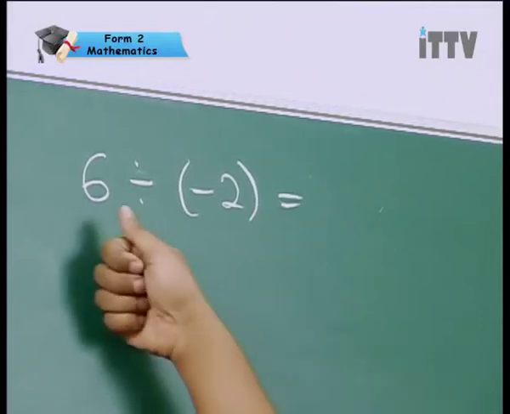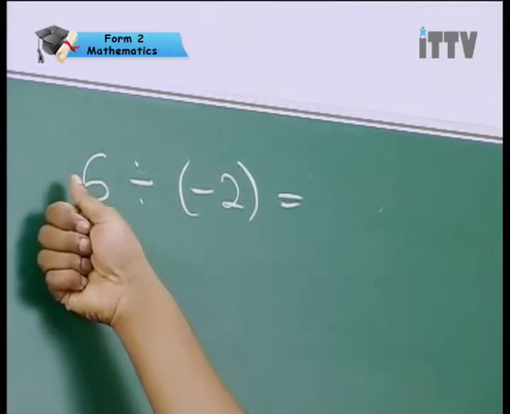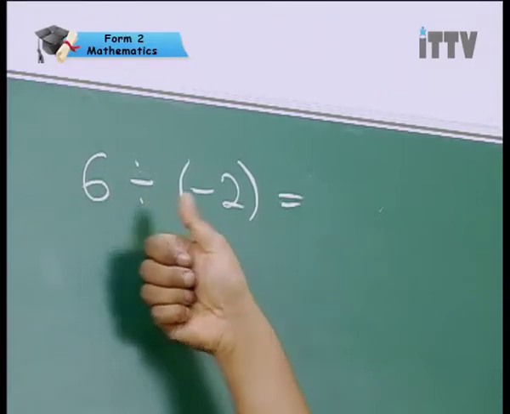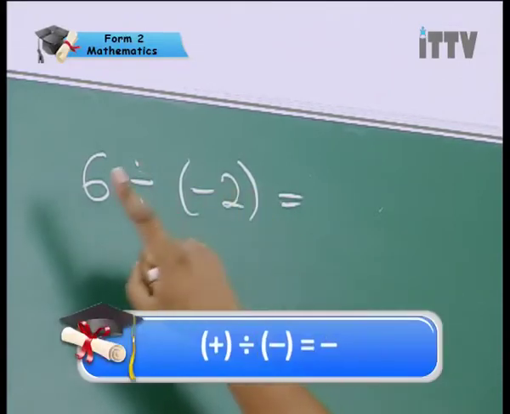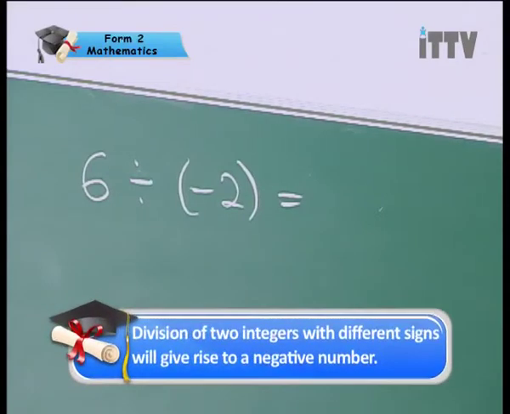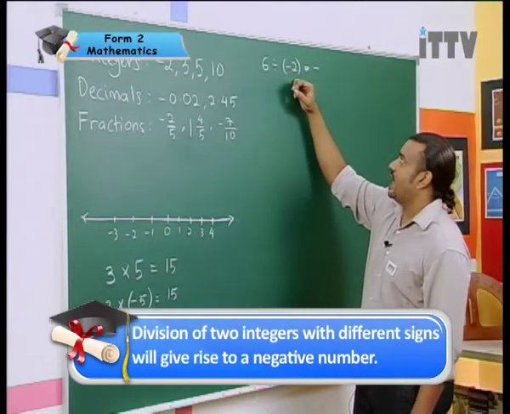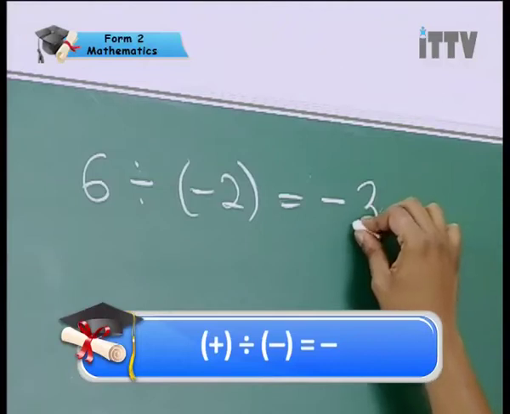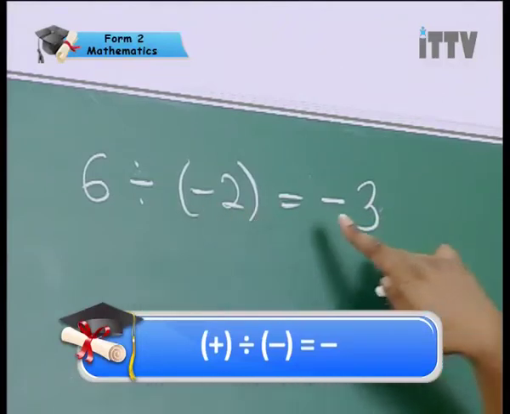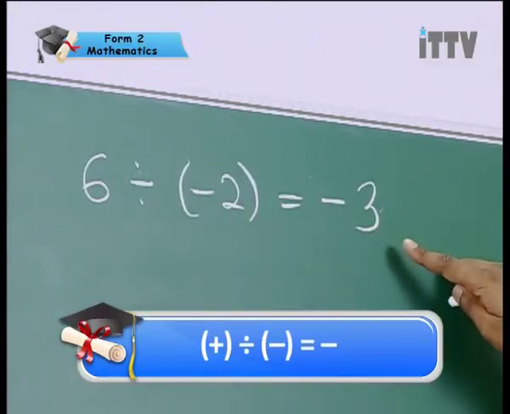The integer on the left is a positive integer divided by a negative integer. When positive is divided by negative, the signs are different, aren't they? Different signs will always give us a negative answer. Thus now all you need to do is 6 divided by 2, the answer is 3. Therefore 6 divided by negative 2, the answer is negative 3.